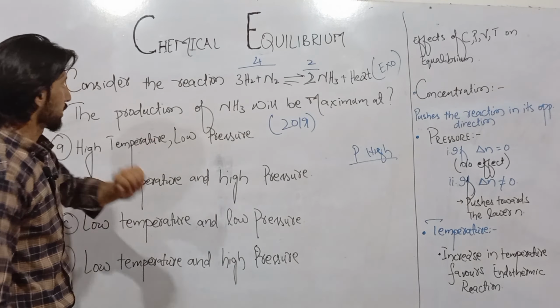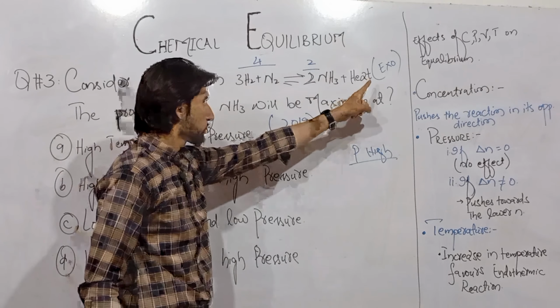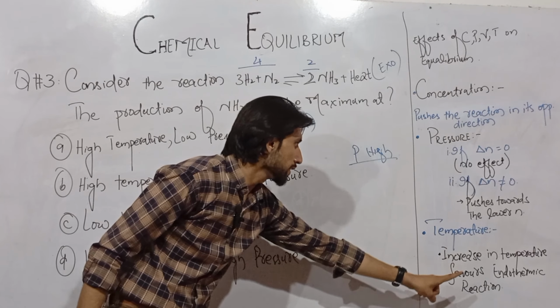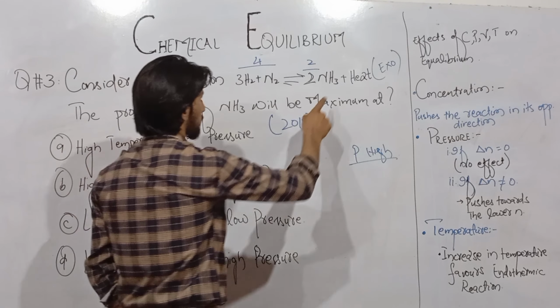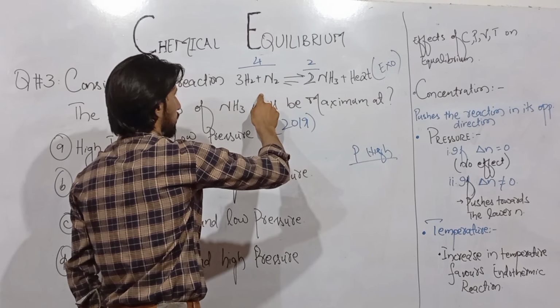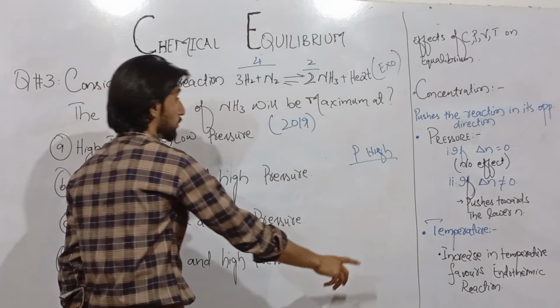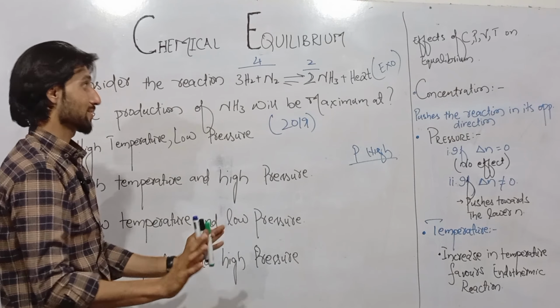So what will happen for temperature? As we know, increase in temperature favors endothermic reaction. This reaction is exothermic in the forward direction, and it is endothermic in the backward direction. So if you increase temperature, the reaction will happen in the backward direction. So we must not do that.